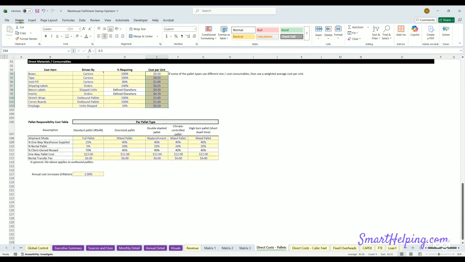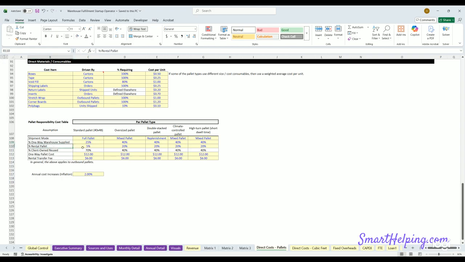Finally, we also need to account for pallet costs. We might be renting pallets or paying. So if we're paying for pallets, there's a couple different things here. You could be one way, warehouse supplied, meaning you're paying for the pallets.